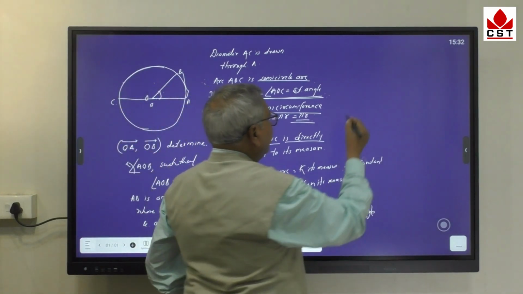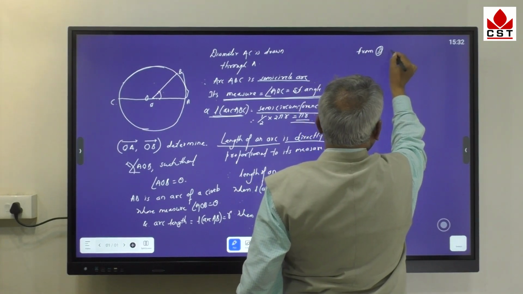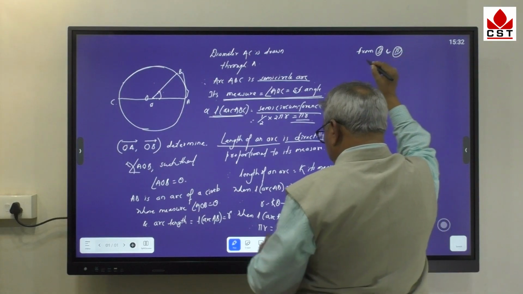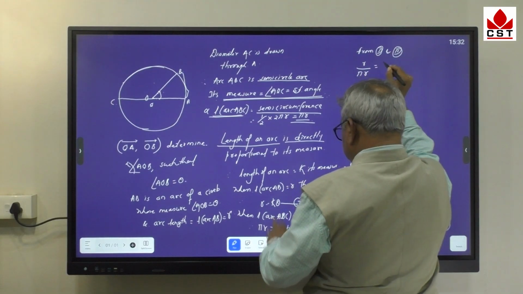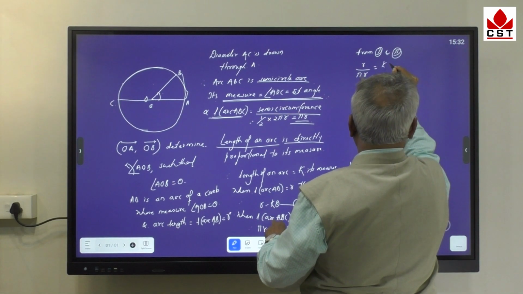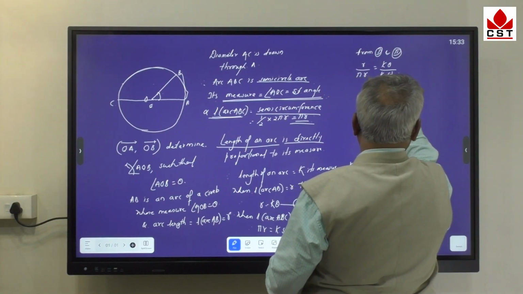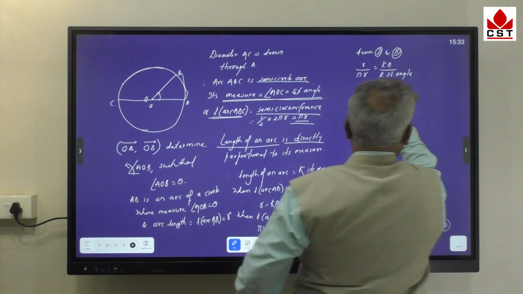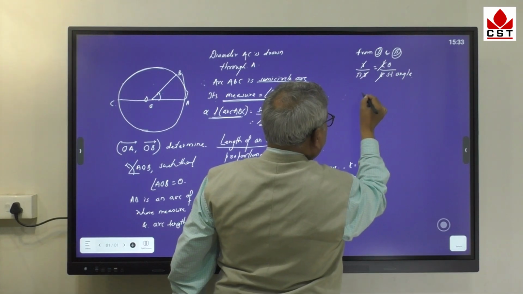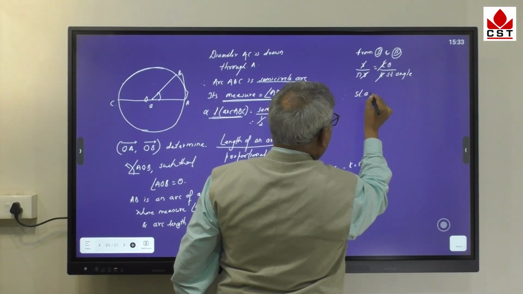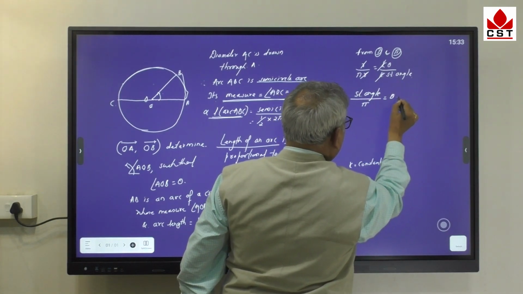Now taking the ratio of 1 and 2, what we have: r upon pi r is equal to k theta upon k into straight angle. K cancel, r cancel, therefore straight angle upon pi is equal to theta.